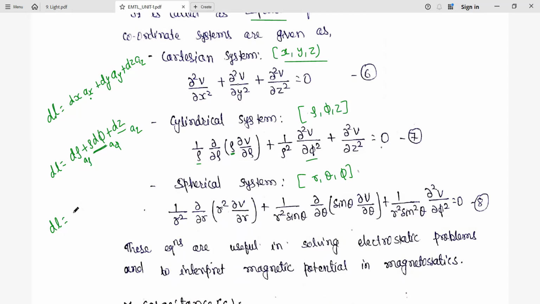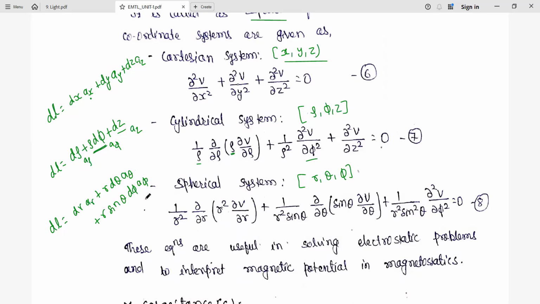And this dl is written as dr a_r plus r dθ a_θ plus r sinθ dφ a_φ.